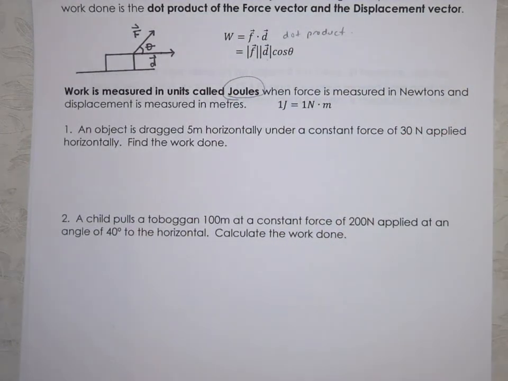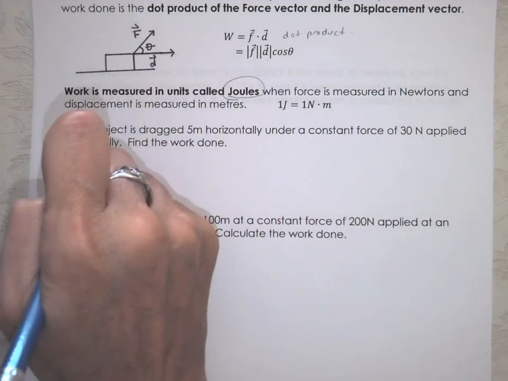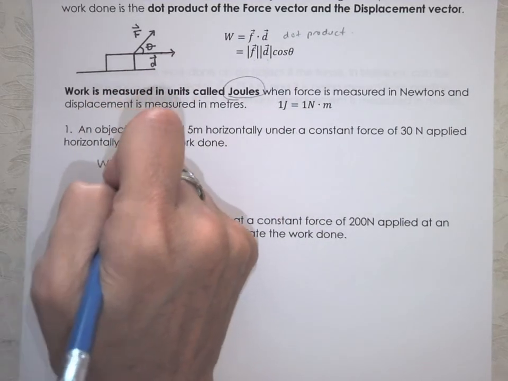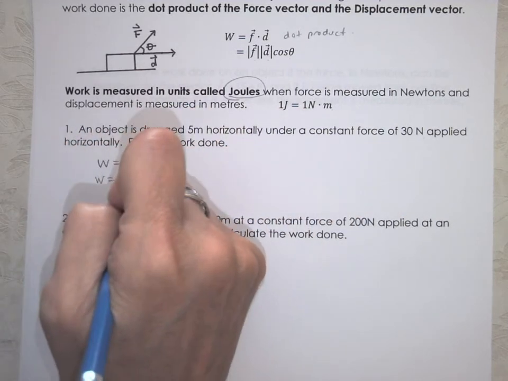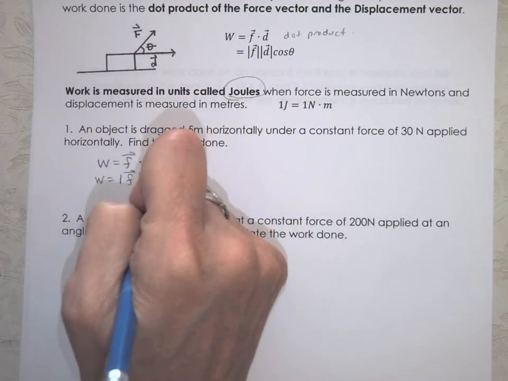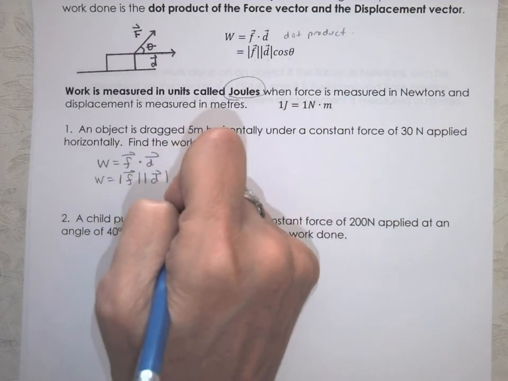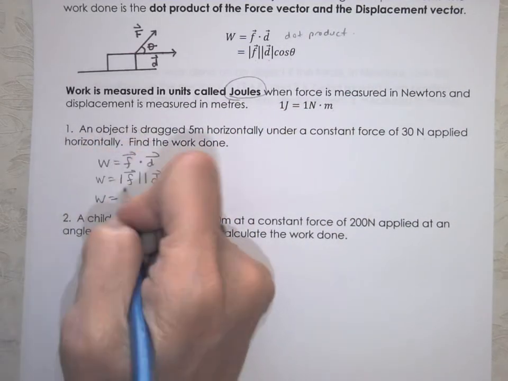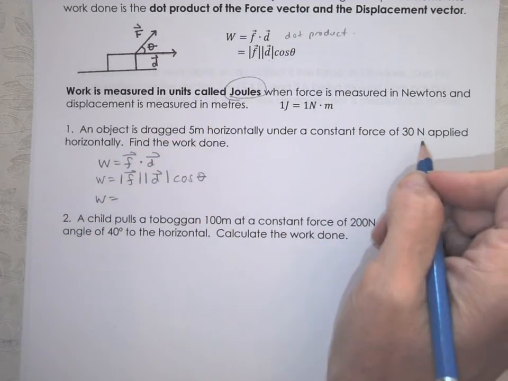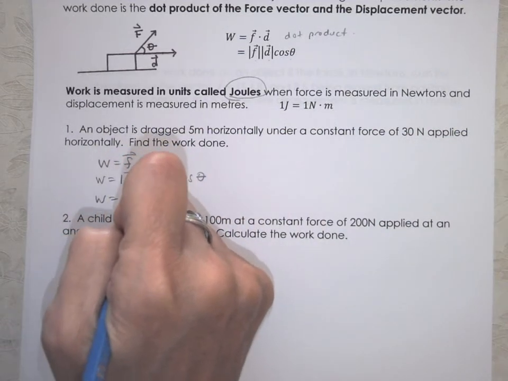So an object is dragged 5 meters horizontally under a constant force of 30 newtons applied horizontally. Find the work done. So I would start off with my formula, work equals F dot D, and then the magnitude of the force times the magnitude of the displacement times the cos of the angle between them when they're tail to tail. So the magnitude of the force is 30 newtons.